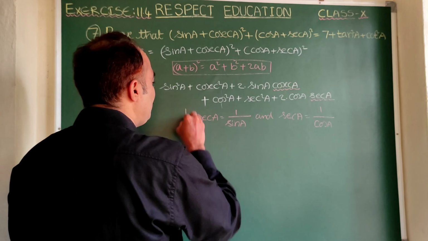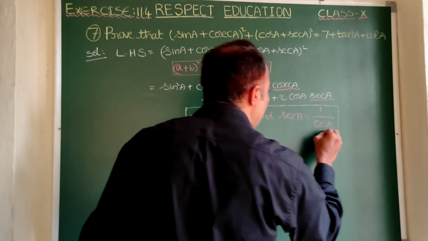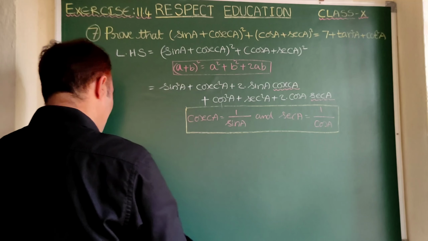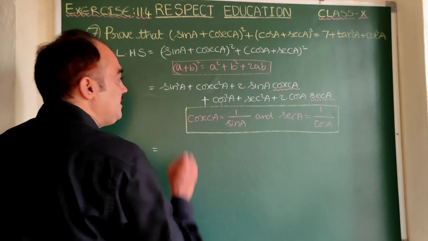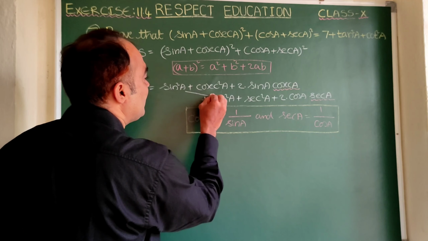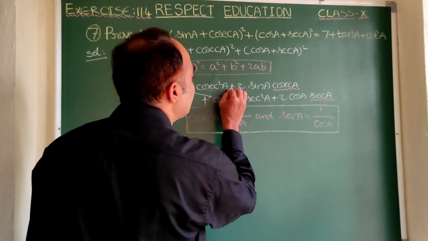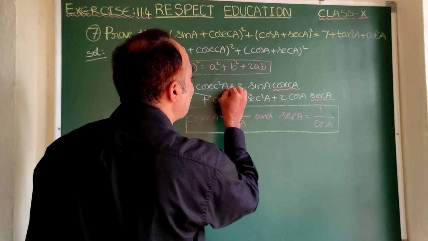Now let us substitute these formulas in the previous step. Along with that, let us write sin square A and cos square A together. Clear? Yes, sir. Cosecant square A and secant square A let us write together.